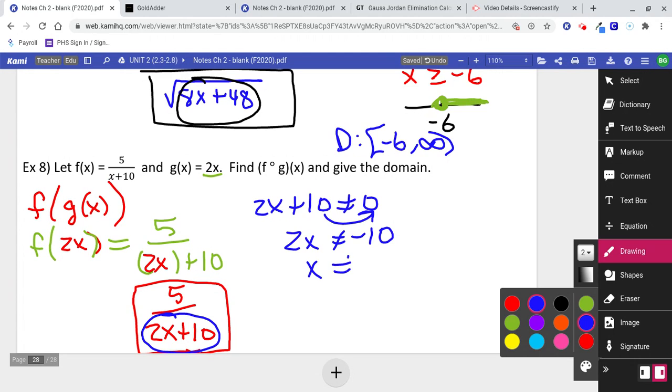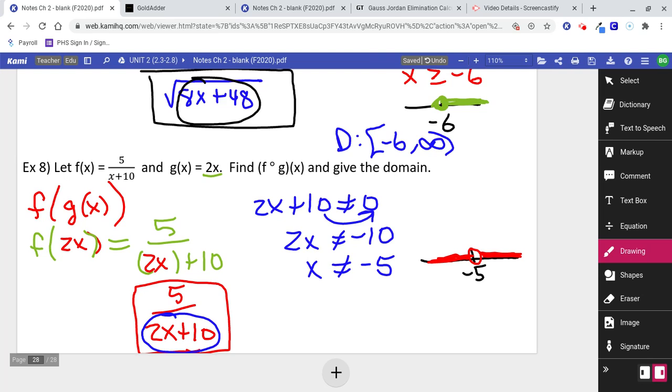Divide by 2, so x should not equal negative 5. If you look at a number line, it's basically everything except negative 5. I think it's obvious that there are two pieces of the number line. There should be two pieces of your domain.